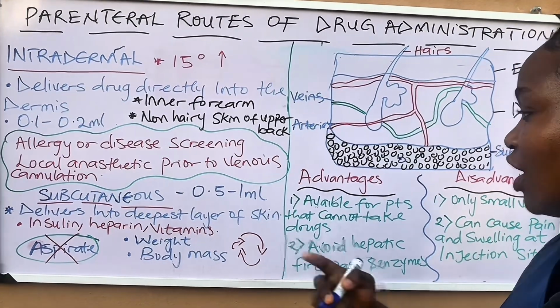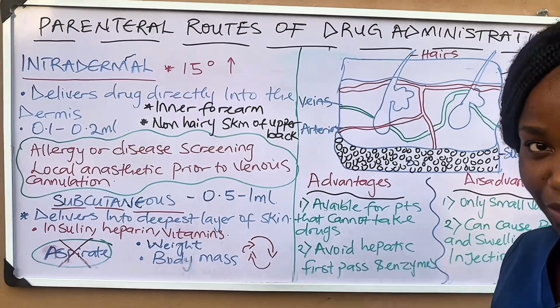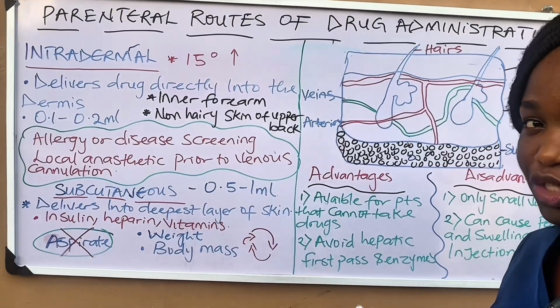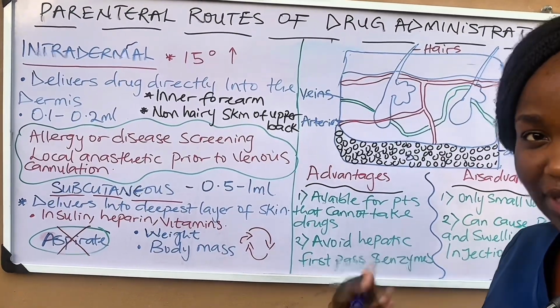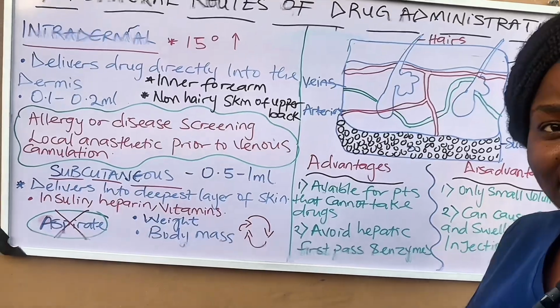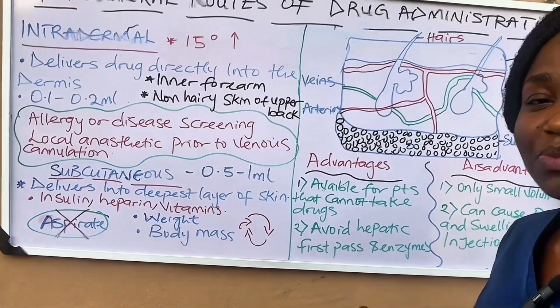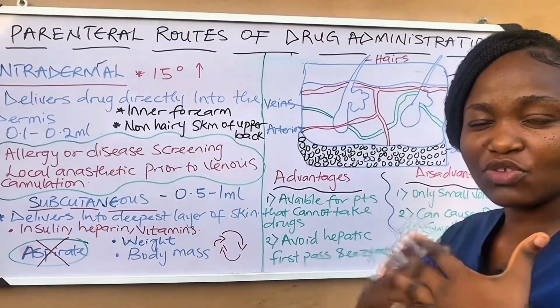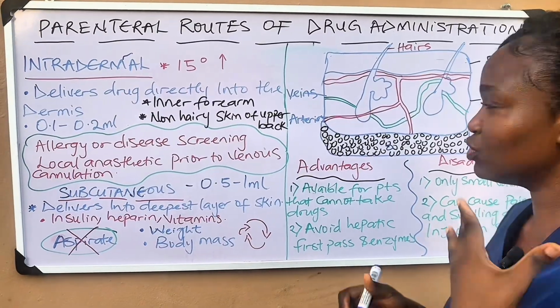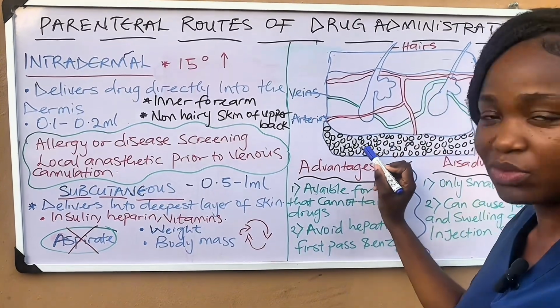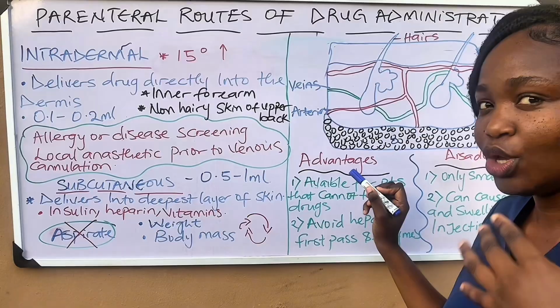If the patient has a large body weight, if this patient is obese, you just have to give it at 90 degrees. Why 90 degrees? Because this patient has high amounts of body fat, so 90 degrees would take us to the right place we want to be, which is the subcutaneous region of the body.